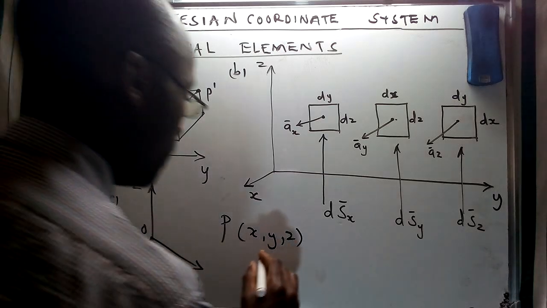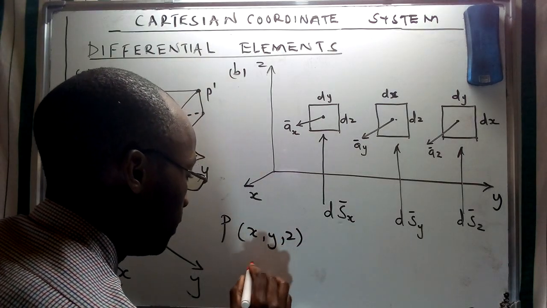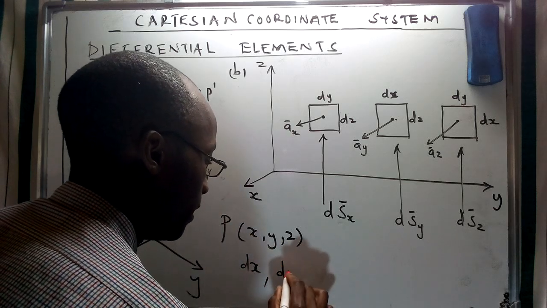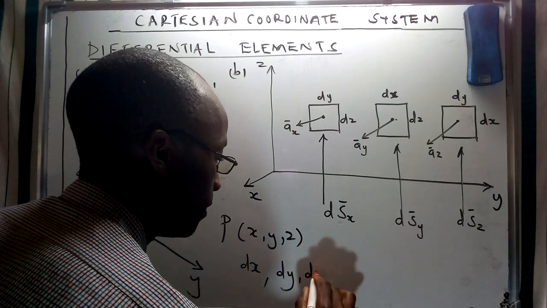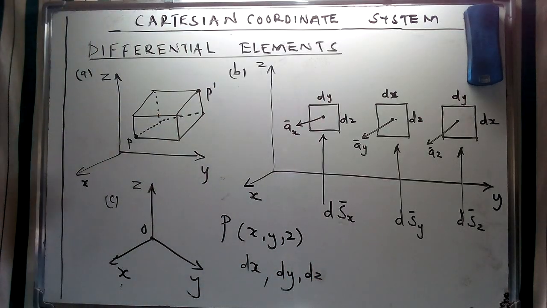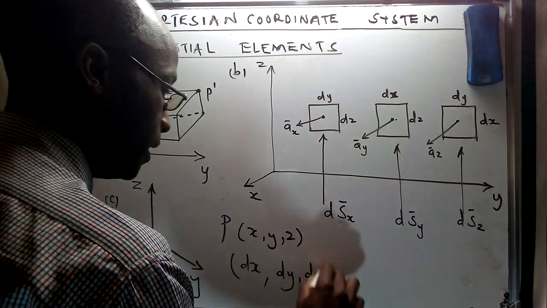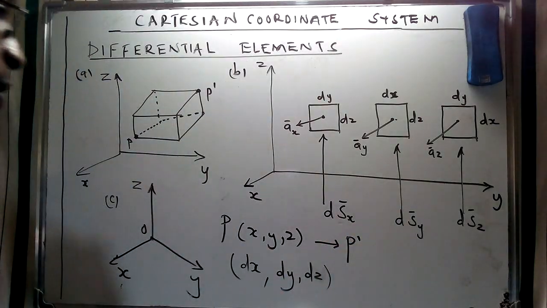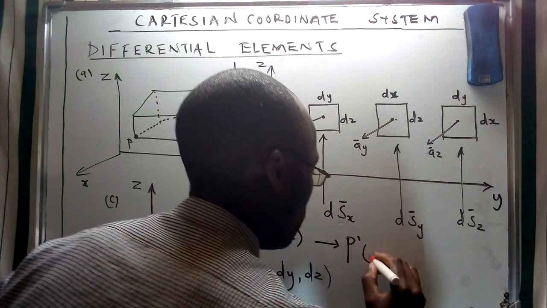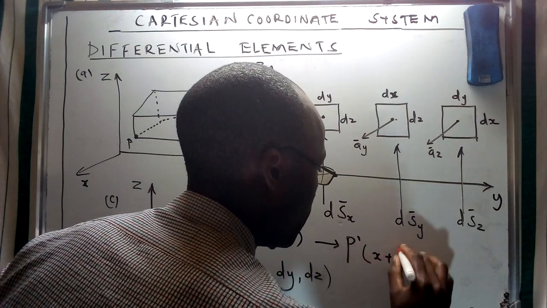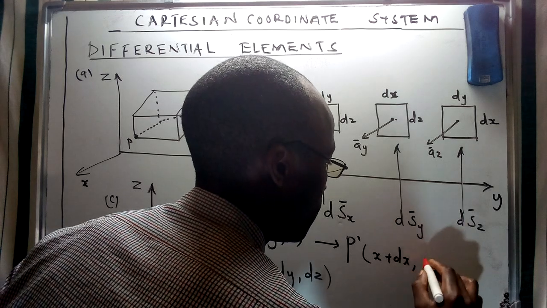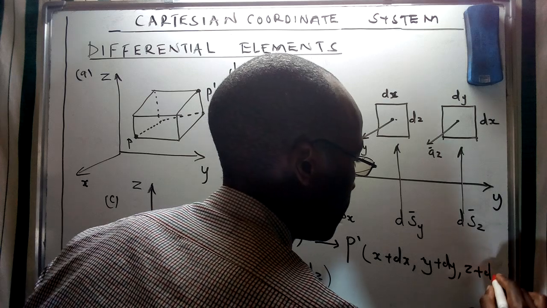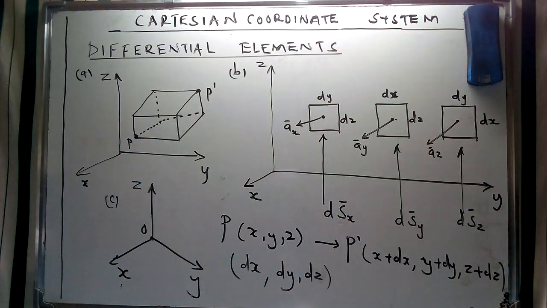We can have an increment in the x direction by dx, an increment in the y direction by dy, and an increment in the z direction by dz given as such. So these are going to lead to a new point, which is going to be P prime, given using those various coordinates. So we're going to have a new point of x plus dx, then y plus dy, and the last one z plus dz, as those new coordinates over that specific point.